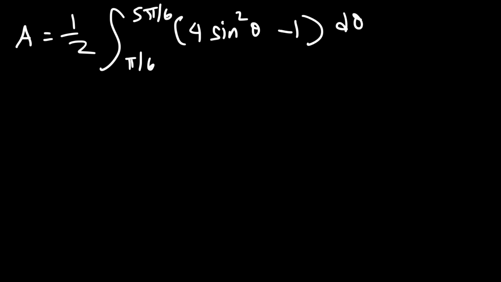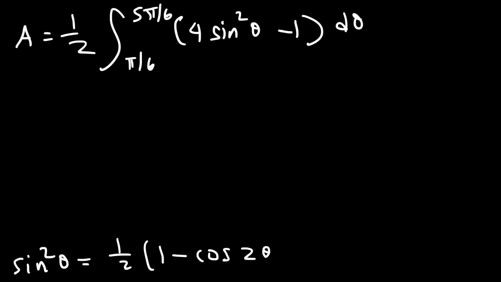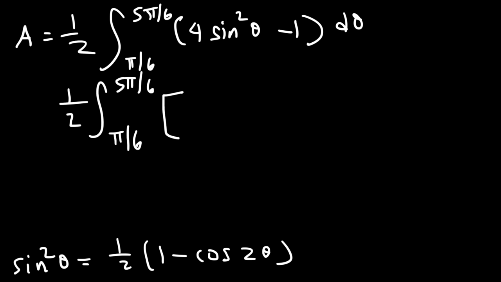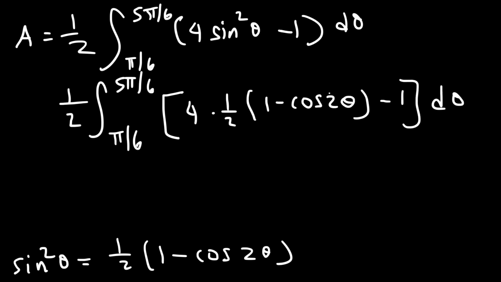Now we need to use the power reducing formulas. If you recall, sine squared theta is 1/2 times 1 minus cosine 2 theta. So this is going to be 4 times 1/2 times 1 minus cosine 2 theta, and then minus 1. So 4 times 1/2 is 2.